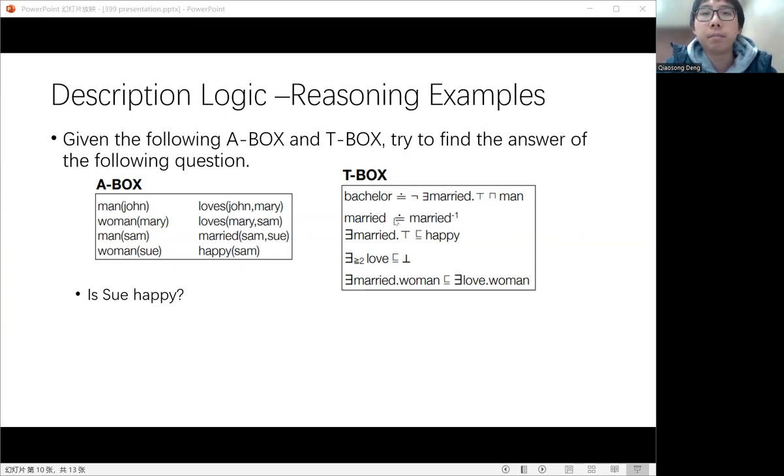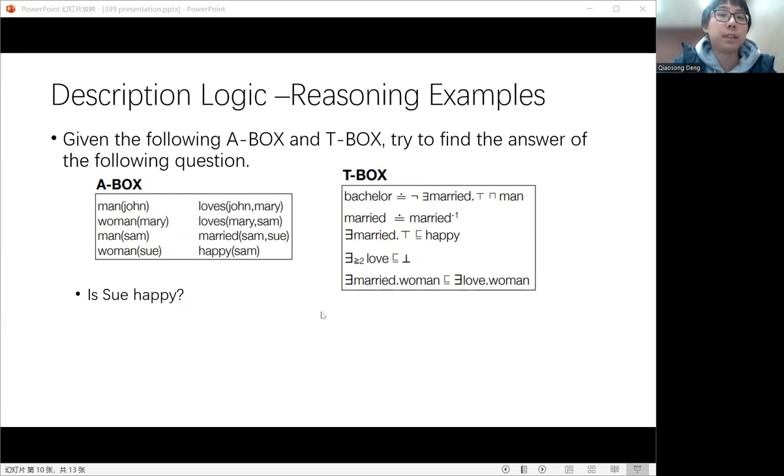The second means this married role is invertible. A married B means B also married A. The third means all married people are happy. The fourth is everyone can love at most one person. The last has the meaning that someone married to a woman also loves a woman.